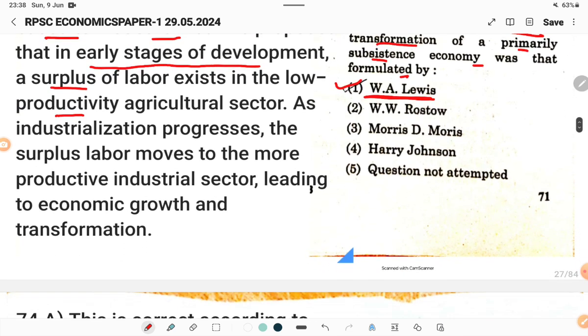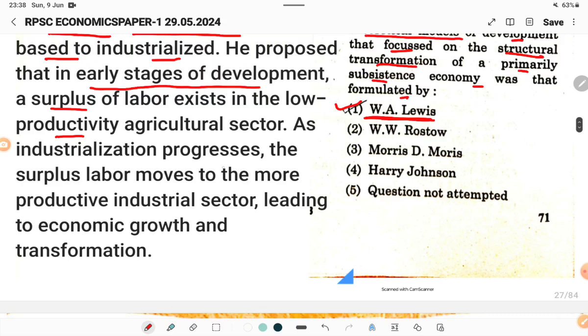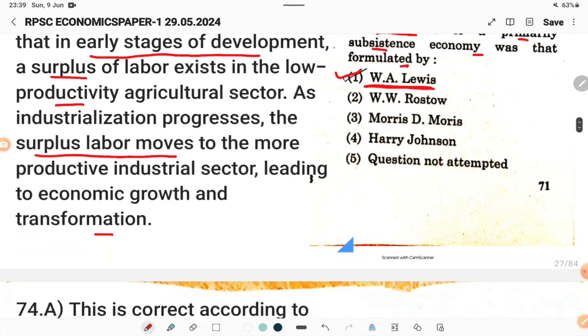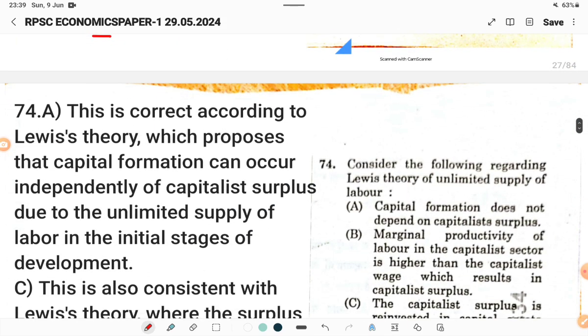As industrialization progresses, the surplus labor moves to the more productive industrial sector, leading to economic growth and transformation. So option 1 will be the right answer here, W.A. Lewis. Now the next, 74th question.